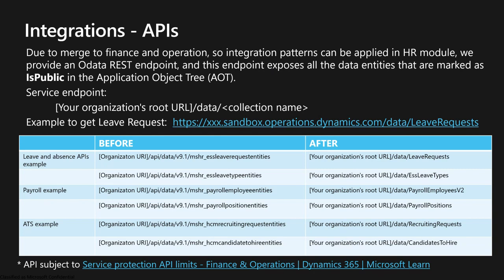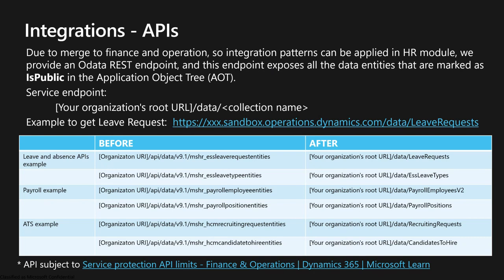Firstly, the service endpoint in the standalone HR is different from the merged infrastructure. Before that, when you connect to the leave and absence API or the payroll or ATS, for example, you are connecting to the dataverse API format. So you can see the URL like your organization's URL, then slash api slash data slash v9.1.